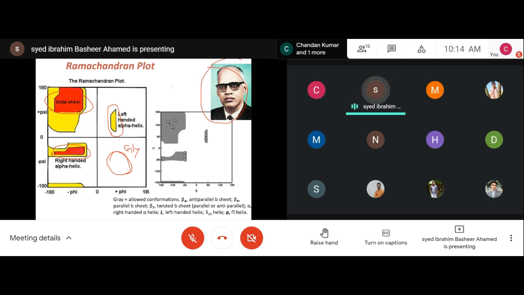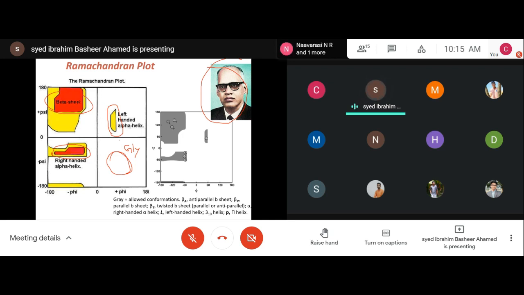Later on he moved to Bangalore, IISc, the Indian Institute of Science. There also he established a crystallographic department. Still, the department is there under the name Molecular Biophysics Unit, MBU. So he made this Ramachandran plot.